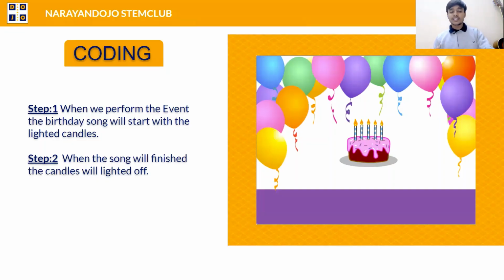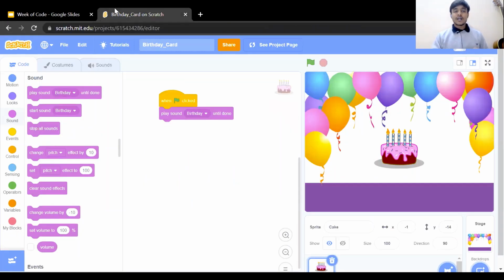So come to the Scratch editor and convert this step into code by connecting the blocks together. Earlier, we were playing the birthday song until it's done when performing an event. And when the birthday song finishes, the candle should be lighted off. So for this, we have to change the costume from the lighted candle to the lighted off.